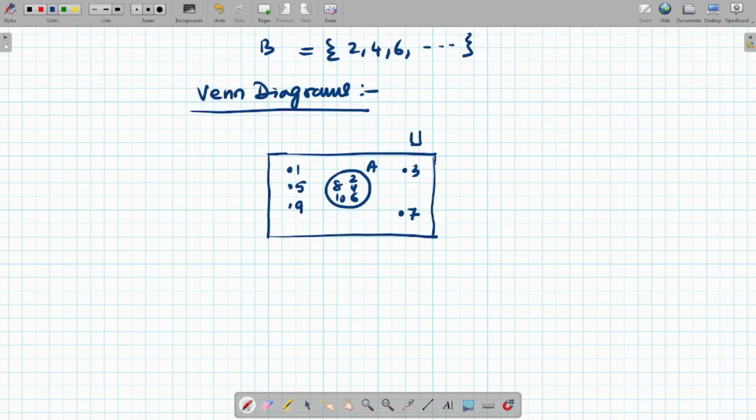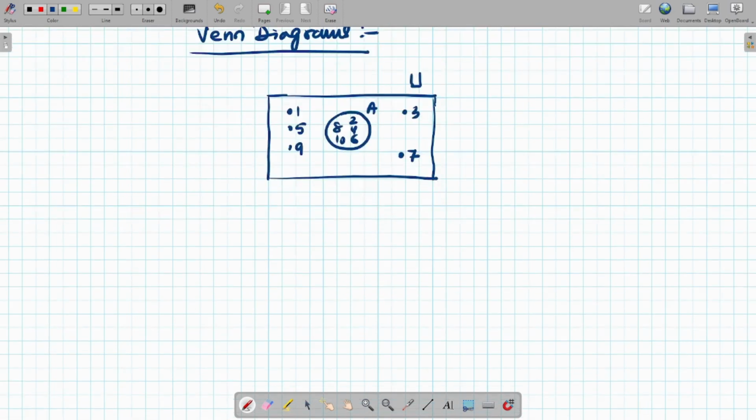For example, एक हम illustration लेके देखते हैं कि एक सेट को रिप्रेजेंट करते हैं. एक सेट A है जो 2, 4, 6, 8, 10. This is a subset, yes or no? And then जैसा कि हमने इसमें दिखाया है कि ये यूनिवर्सल सेट U क्या है?